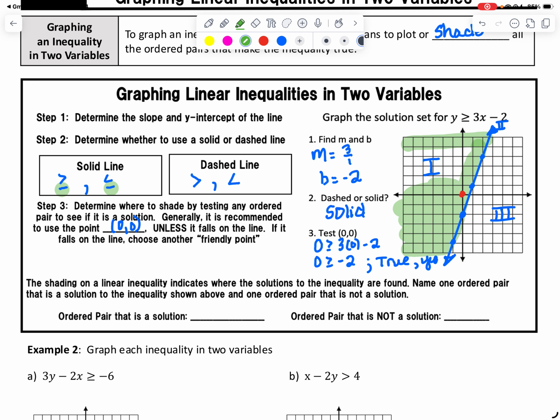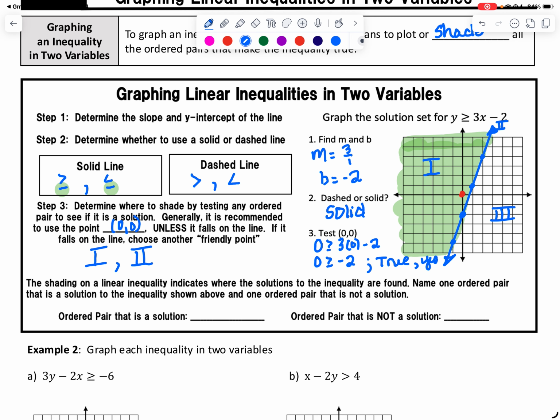Now, I could prove that to you by testing more points, but I don't want to make this video too long. So in this particular problem, everything in region 1, whoops, I meant to use a pen here. Everything in region 1 is a solution, and everything on the line, region 2, is a solution.